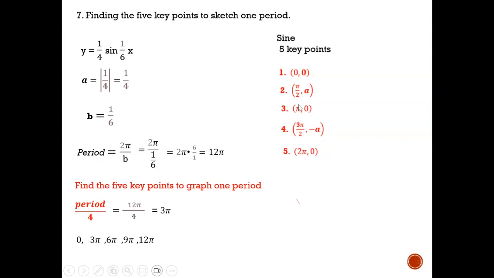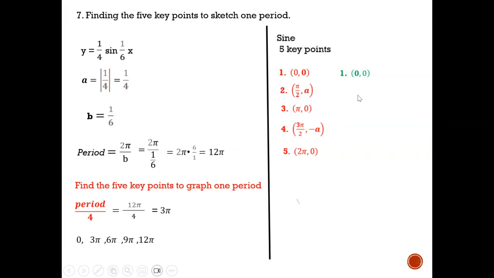But these points here, 0, pi over 2, pi, 3 pi over 2, and 2 pi, they come from the parent sine wave. Now all these points will be replaced by 0, 3 pi, 6 pi, 9 pi, and 12 pi. So the first one will be 0, 0. My second point is going to be 3 pi and the amplitude.